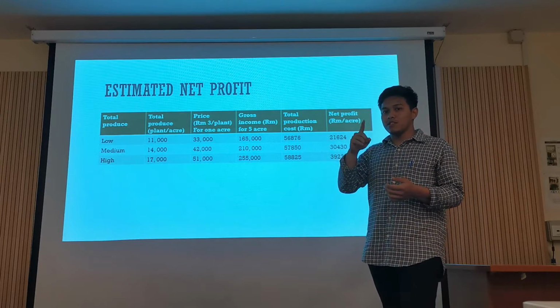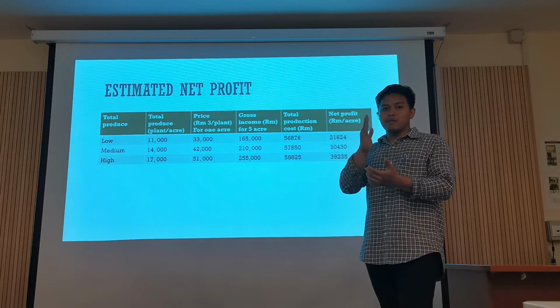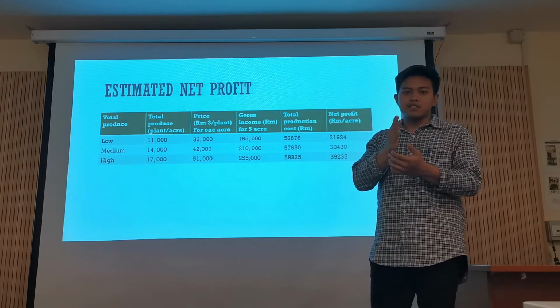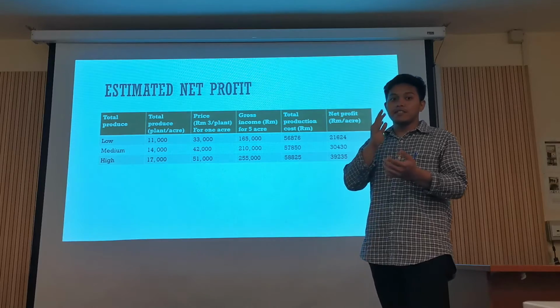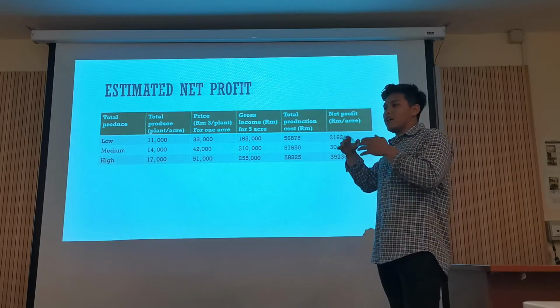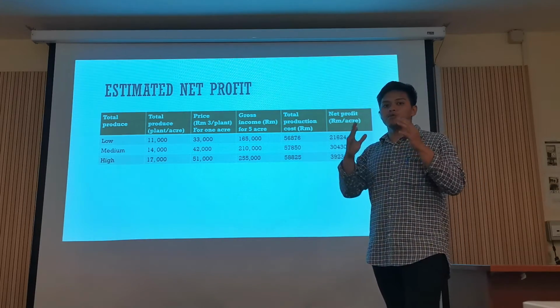And from one season of harvesting, we can cover the expenses, and also we can gain profit. So I think this is a profitable project.